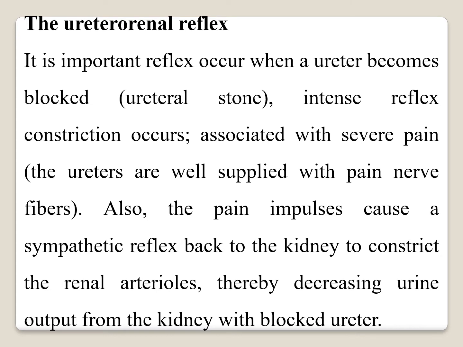This leads to an intense reflex constriction of the ureter, associated with severe pain because the ureter is supplied with pain nerve fibers as well. This pain impulse causes a sympathetic reflex back to the kidney, leading to constriction of the renal arterioles and decreasing the urine output from the kidney when there is a blocked ureter.